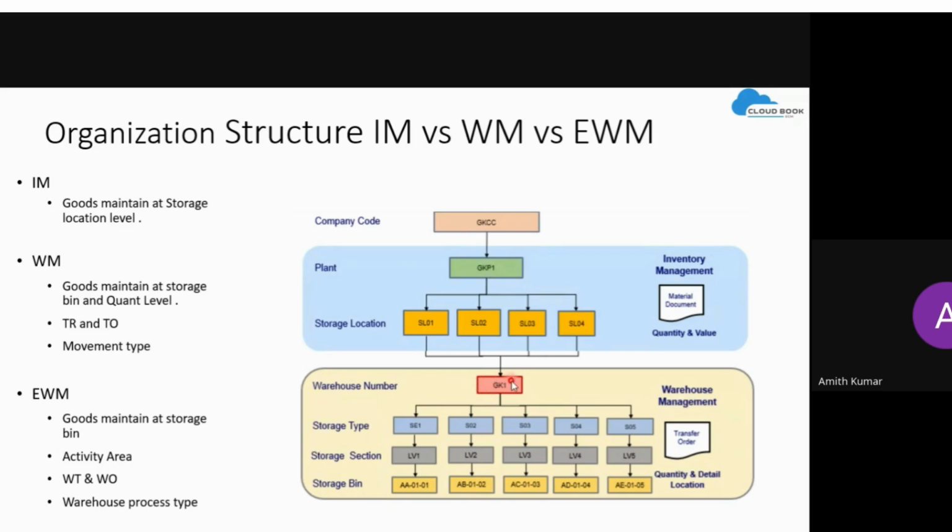Then depending on the layout, we need to decide what kind of storage areas we have in our warehouse. That is nothing but our storage type. We need to define how many storage areas we will need in our warehouse, and then in each storage area, we will have the bins, as shown in the previous picture. In my pallet storage, I will have some different kind of bins. In my shelf storage, I will have some different kind of bins. This is what we do if we go with the WM managed inventory, that is warehouse management.